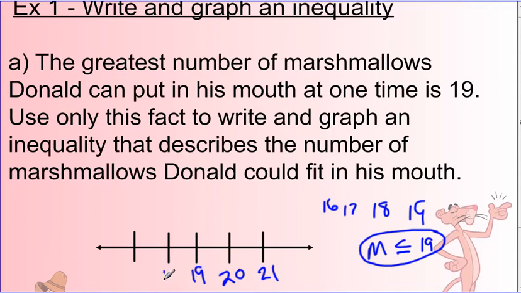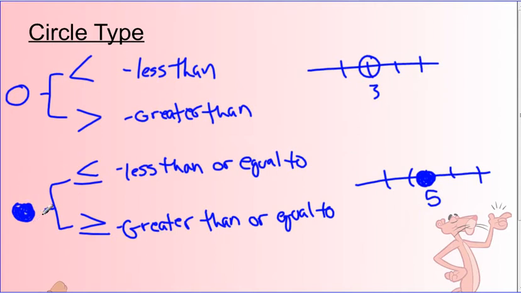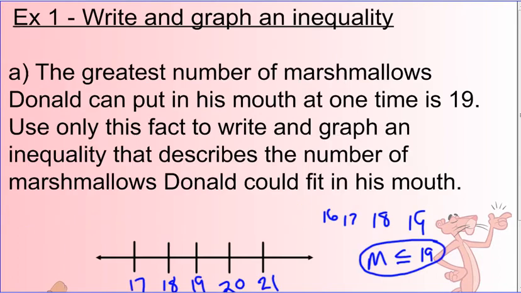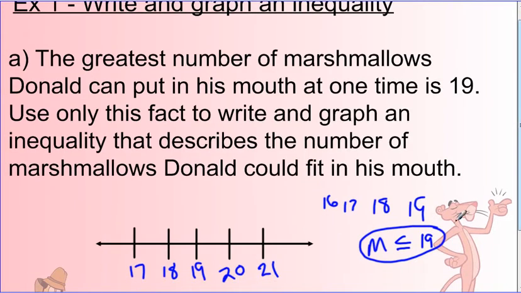Smaller than 19 is 18 and 17. Now, here's where that hollow dot, solid dot thing comes in. My symbol is less than or equal to. If you remember, the or equal to's have a solid dot. So we're going to put a solid filled in dot at 19.